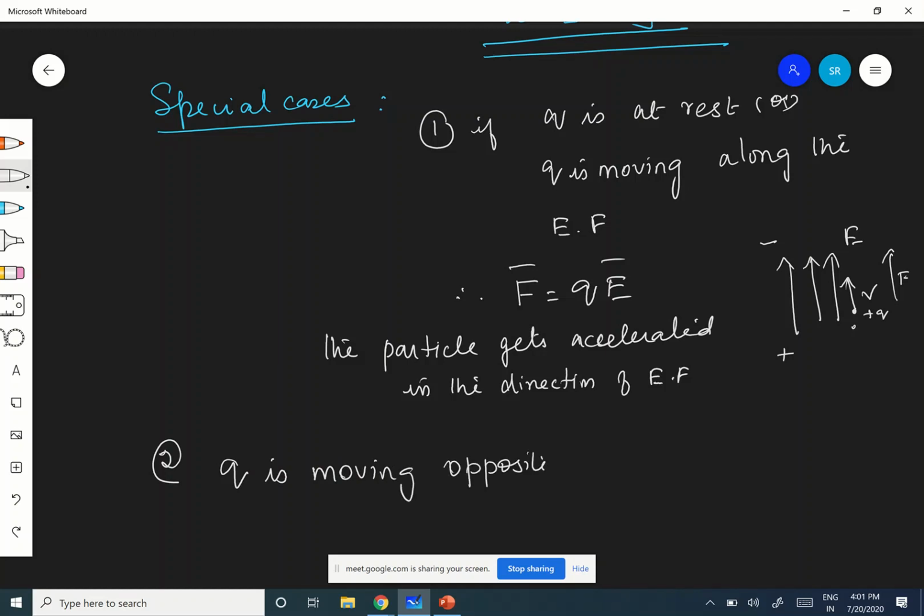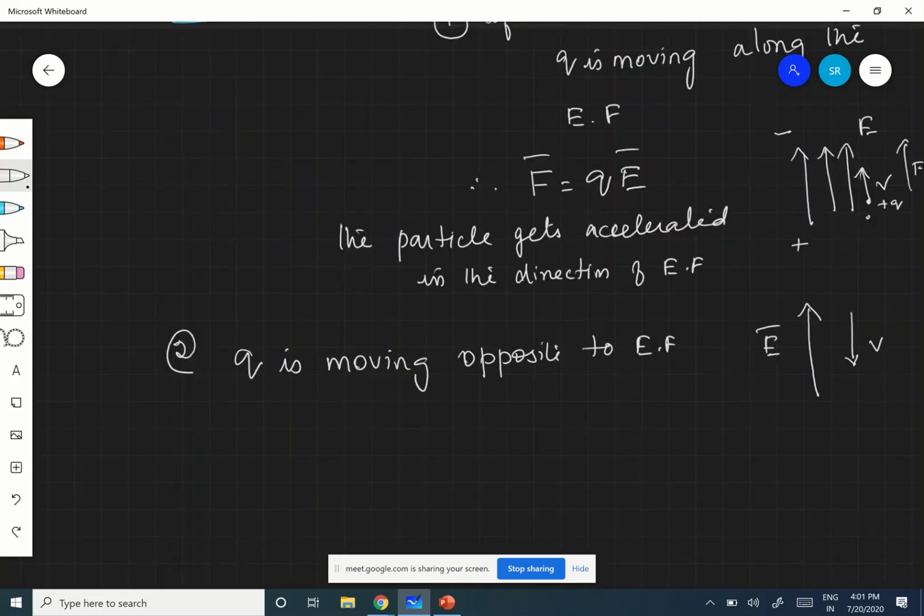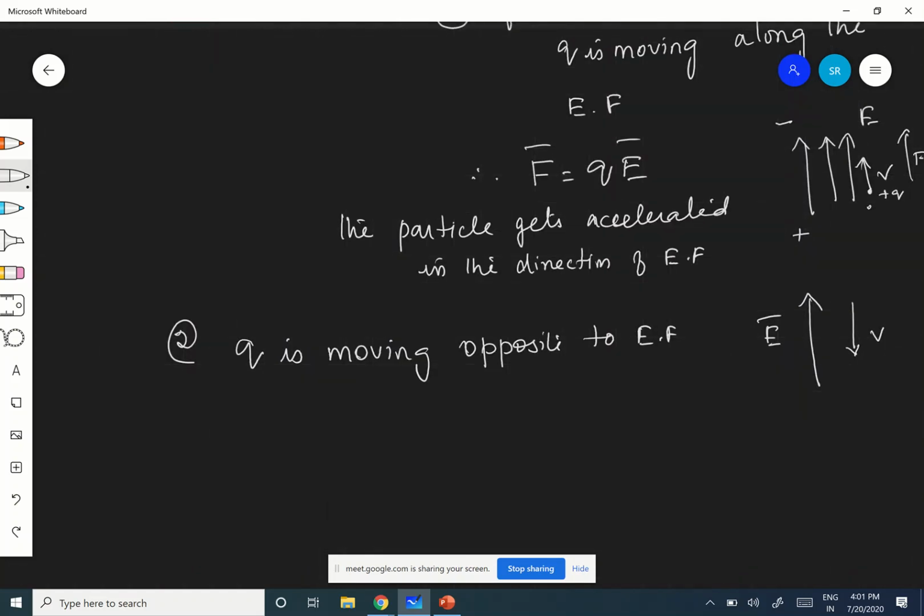This is the direction of the uniform electric field, but this is the direction of motion of the charged particle. Now you tell me, what will be the force here? The force experienced by the particle is equal to minus QE, right?